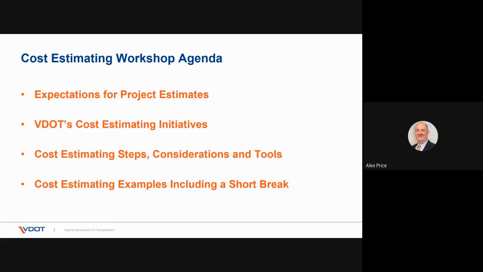All right, so I don't mean to be redundant with the first part of our presentation, but I do want to review some of the key information that was shared during the LAP Day presentation. I'll first discuss some of the expectations for developing accurate and reliable cost estimates. Next, I'll cover the steps VDOT has taken to improve cost estimating statewide. We'll also discuss steps that need to be followed prior to developing our cost estimates, considerations we need to make when developing our cost estimates, and the tools we're using to help ourselves and localities improve the cost estimating process.